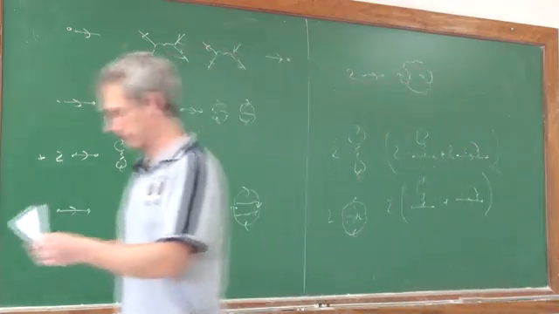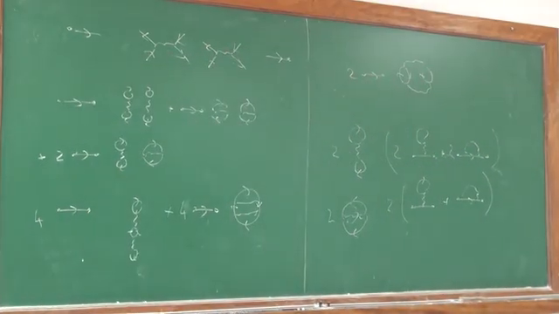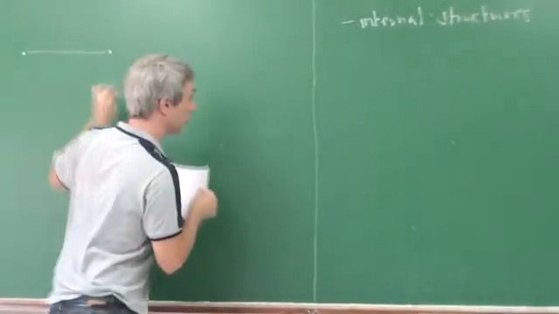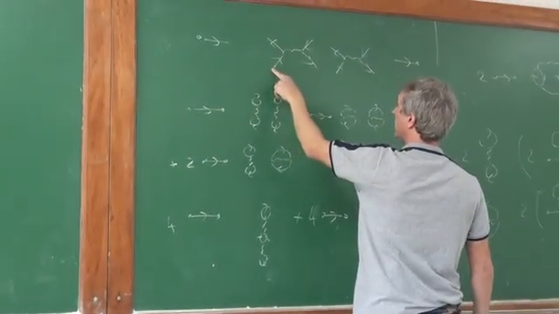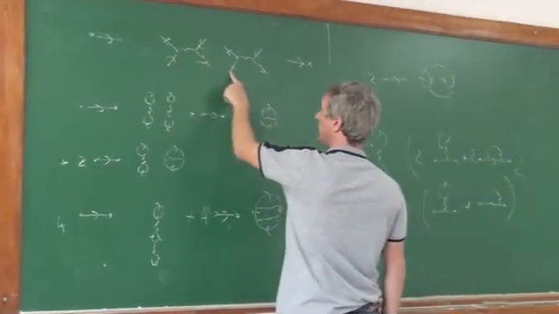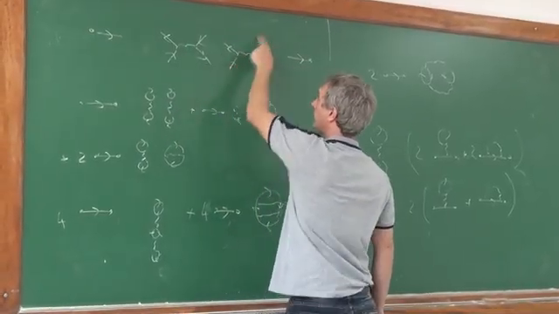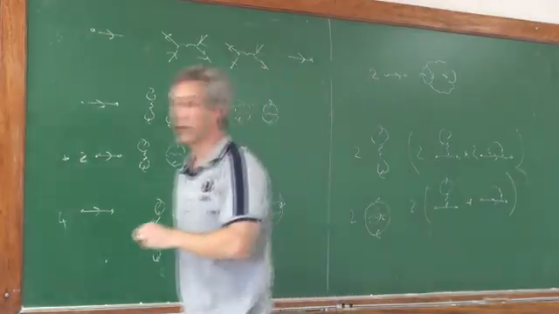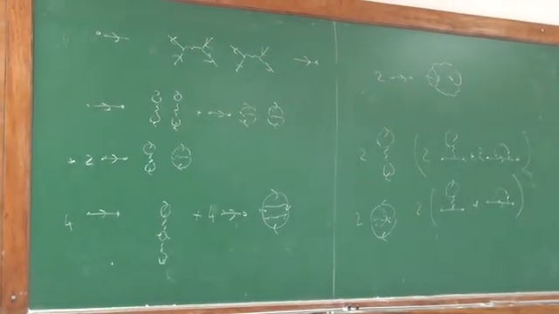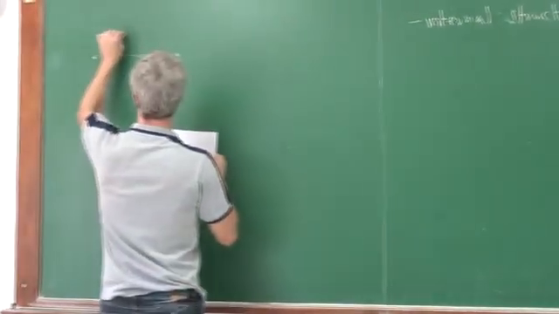Okay, let me just draw some of them here. So one way to connect all of them, well, you connect this to this one here, then connect one of the legs to this one here, in a way that you connect this to this, then you form here a bubble, and the remaining one to this one. Okay, this would be one option.